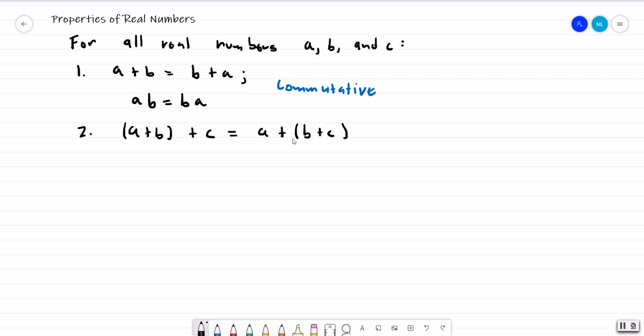So that's our associative property for addition. Now similarly, if we take a, multiply it by b, contain it within its own set of parentheses, and multiply by c, this is the same as taking a, multiplying by b and c. So again, that's the associative property.